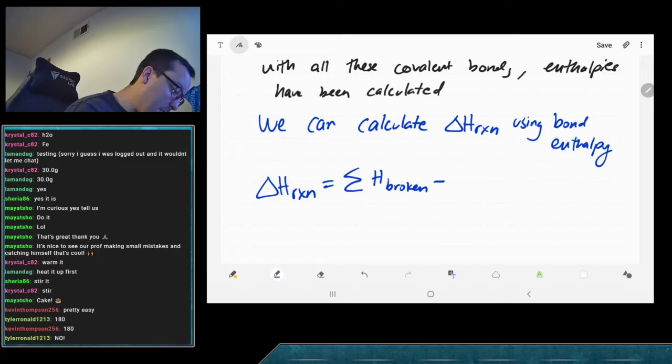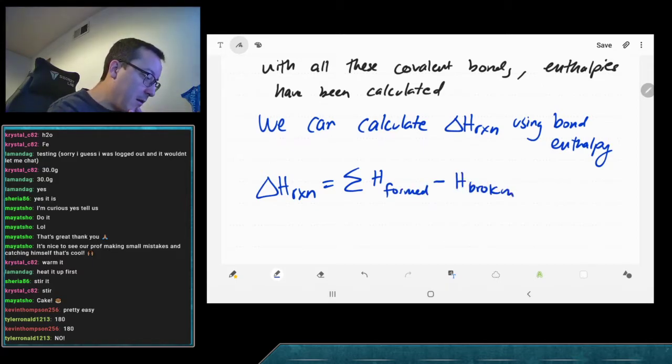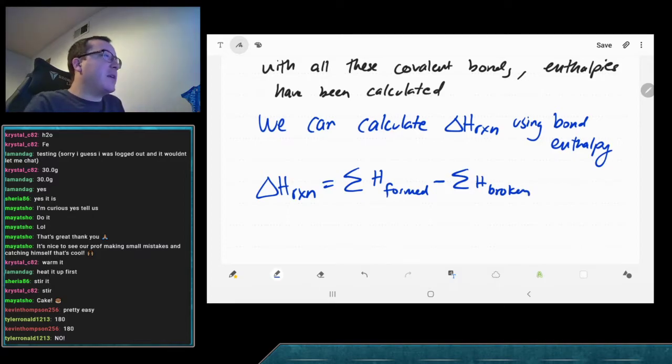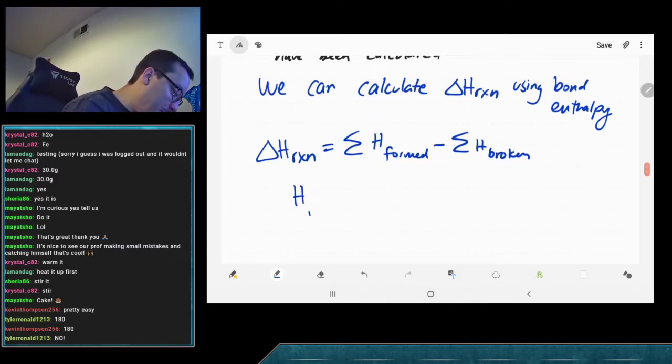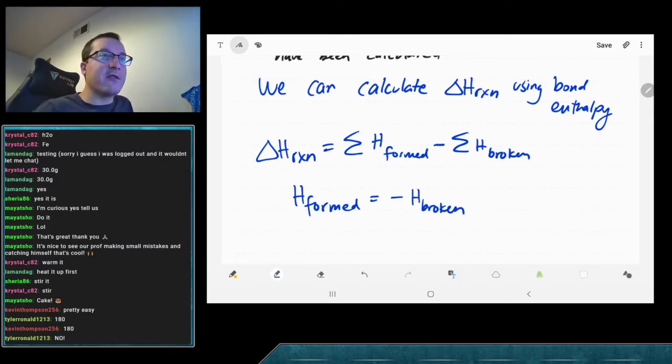I'm sorry, did I write that the wrong way? Yes. So it's going to be the bonds we're forming minus the bonds we're breaking. Forming the bond is just going to be the negative equivalent.